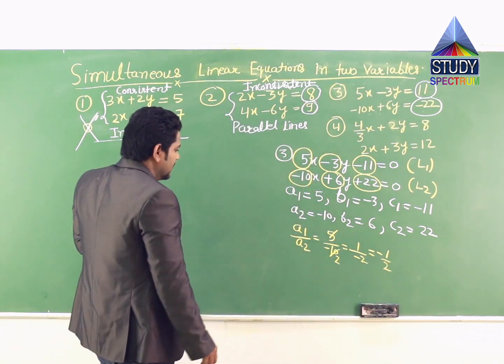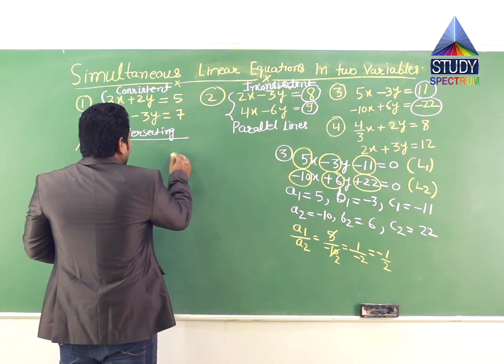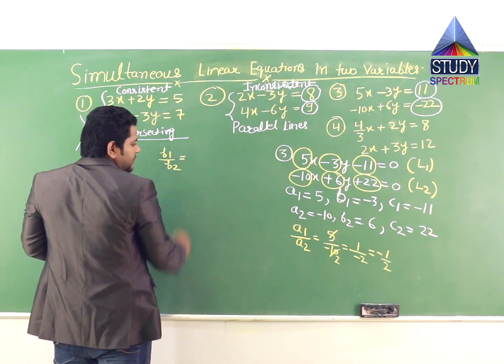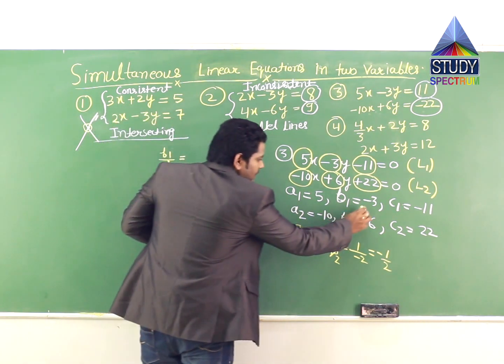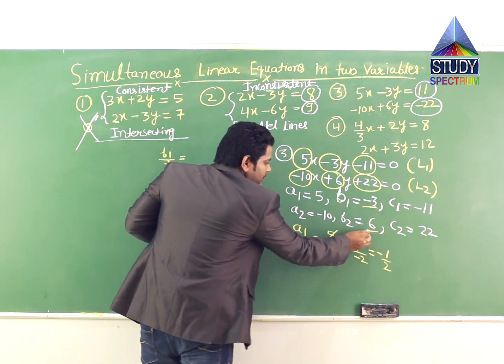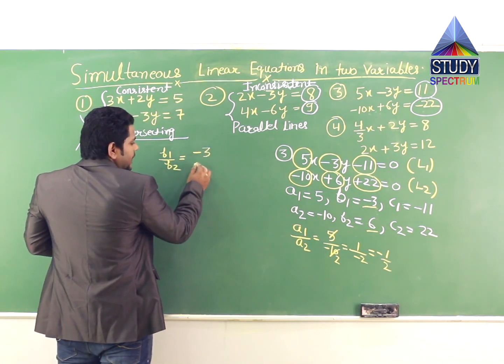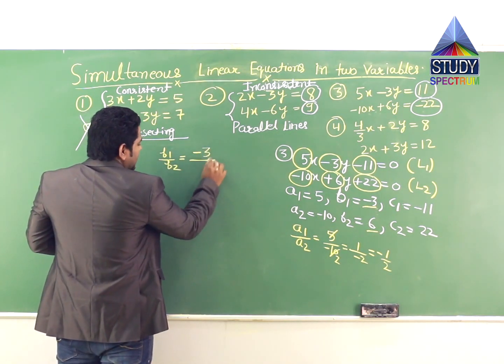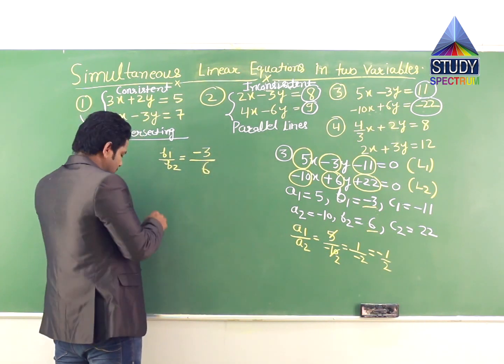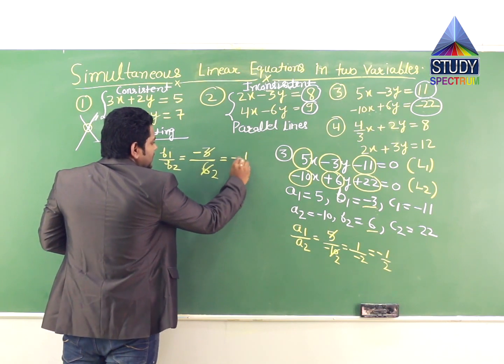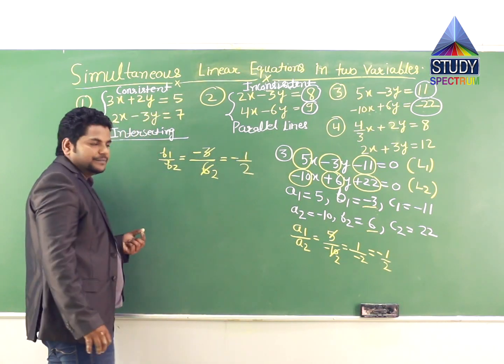Now B1 by B2: B1 is minus 3 and B2 is plus 6. 3 twos are 6, so it will again be minus 1 by 2.